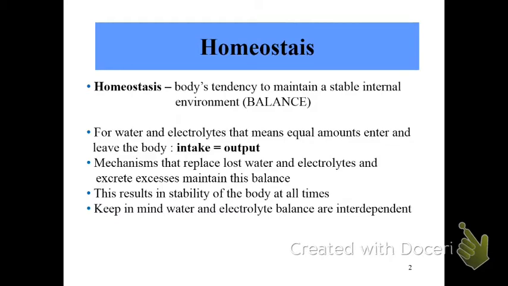But for this PowerPoint, what it's talking about is how we maintain a balance of water and our electrolytes, and our pH too. And so homeostasis is the tendency to maintain, word you want to know is stable. Stable is homeostasis. So intake and outtake of electrolytes and water.